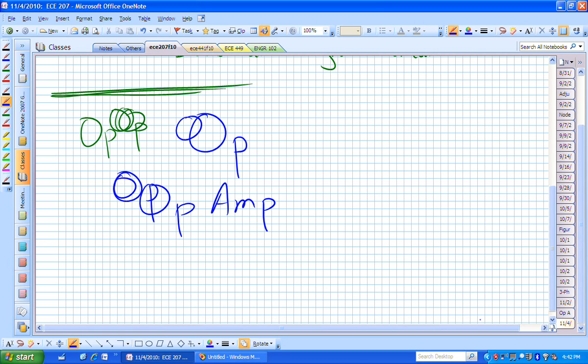R4 over R1 is 1. R4 R2 over R1 R3 is 1, so 3. We just scale this by 3, and we're relating our input voltage, Vn, to the output voltage by an amplification of 3 and a sign change, or an inversion. Questions on that?